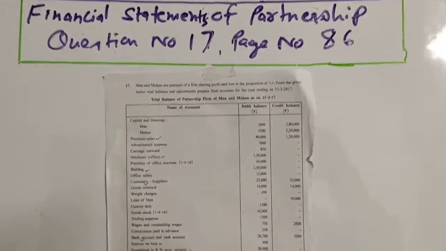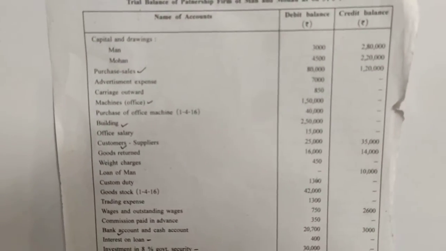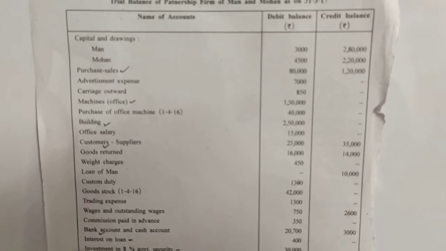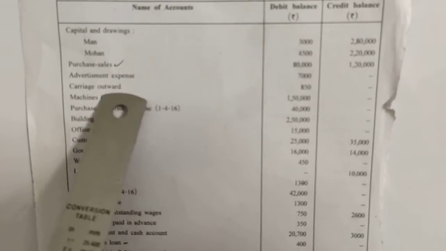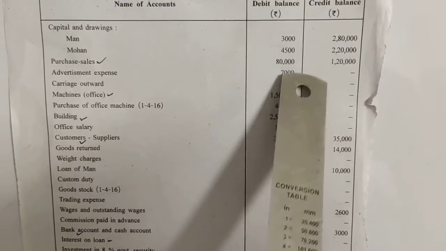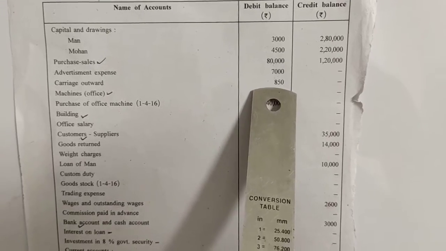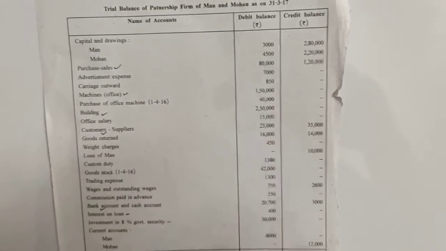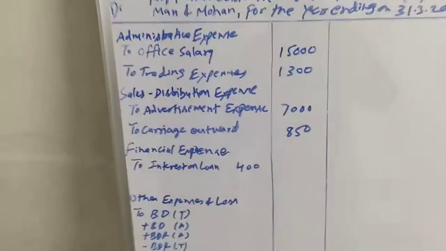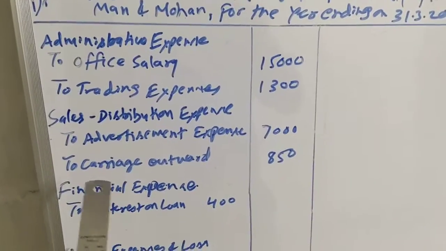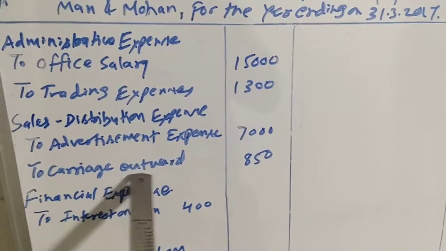Next item is carriage outward. How much is it? 850. Again, carriage outward is a sales and distribution expense. So there only at the debit side of profit and loss account, to carriage outward 850.